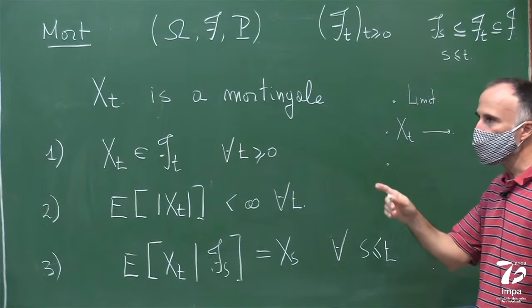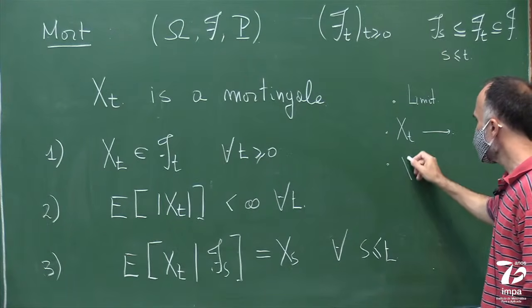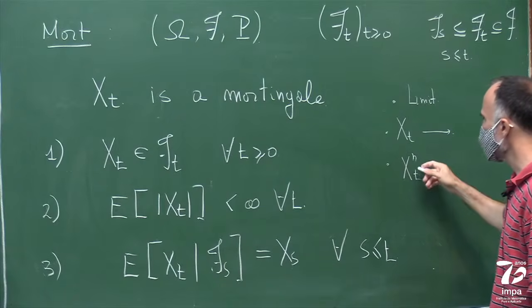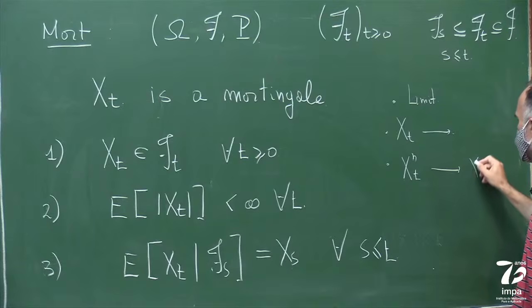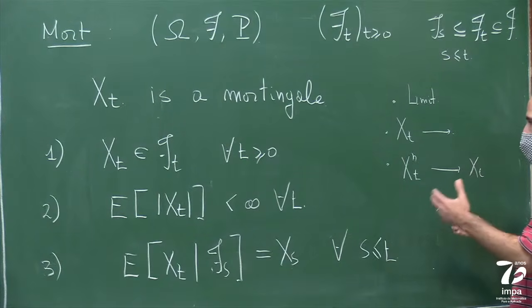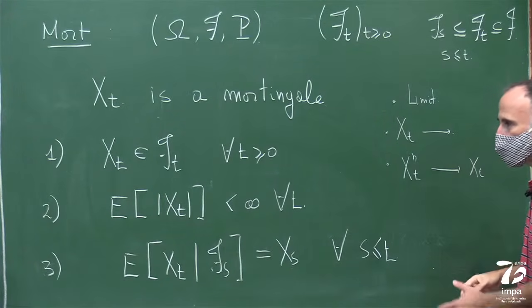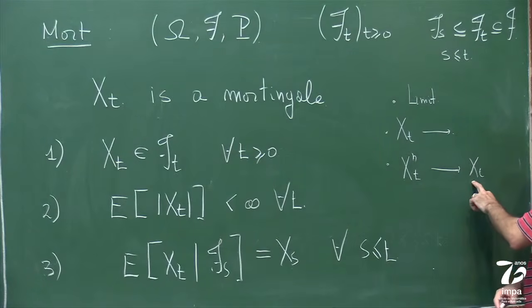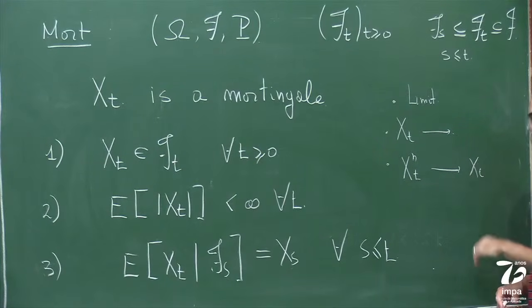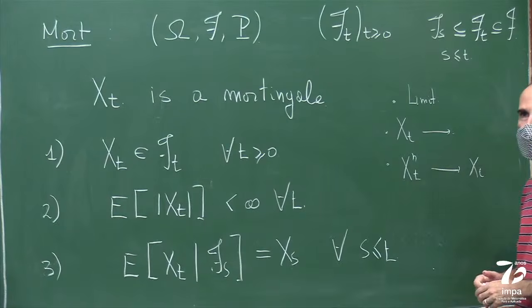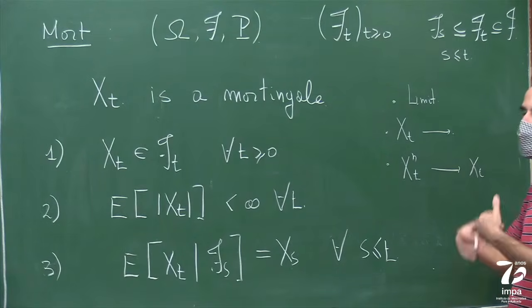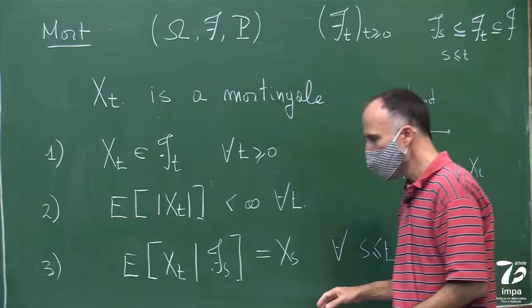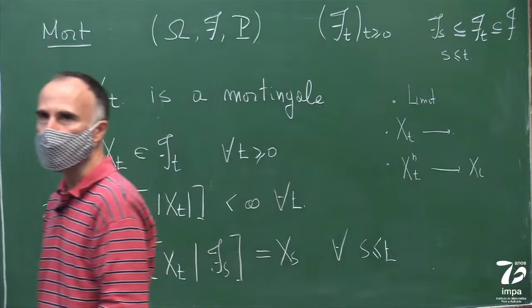But the reason that we will study here is that if you have a sequence of martingales, Xnt, and you know that this converges to some process Xt, and you have integrability properties, then Xt is a martingale. Okay, and that's very nice, because this is not true for Markov chains. If you have a sequence of Markov chains, it's not clear that the limit will be a Markov chain.